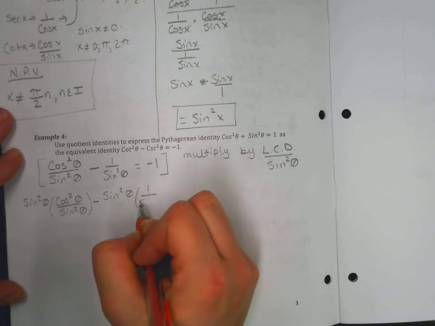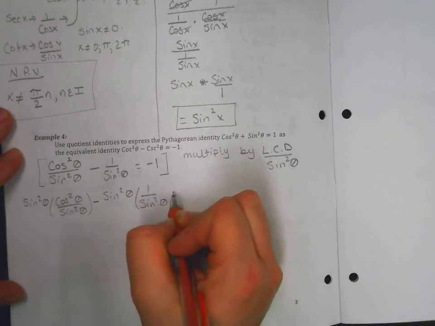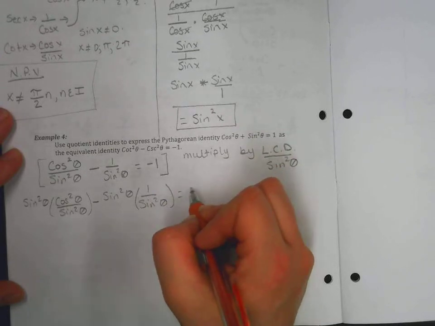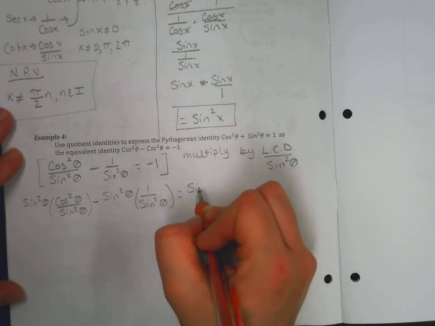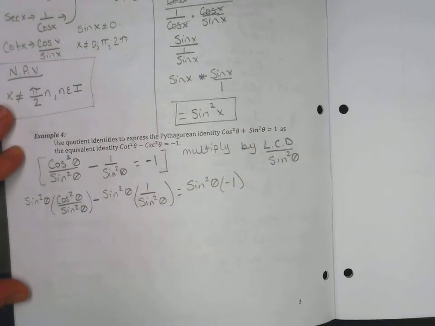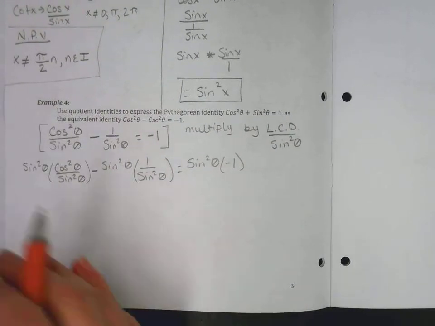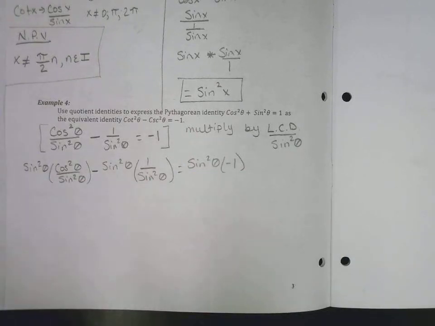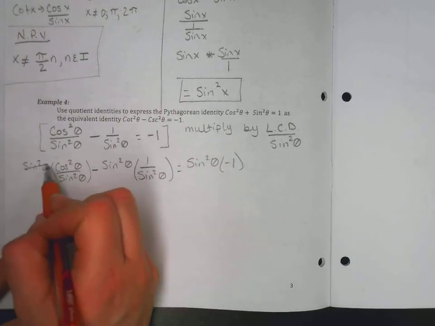As long as you're multiplying everything by the same value, you're allowed to do that. So look here, these cancel, so I'm left with cos squared theta minus 1 equals a negative sine squared theta.